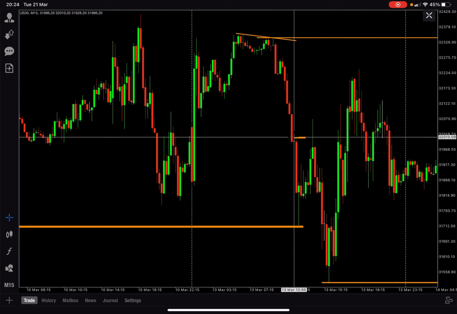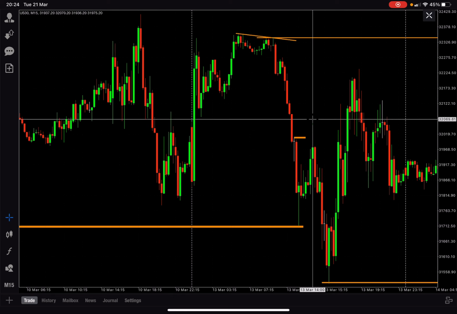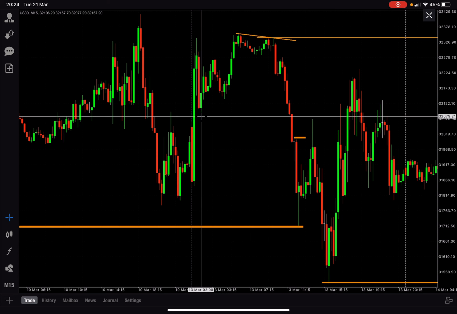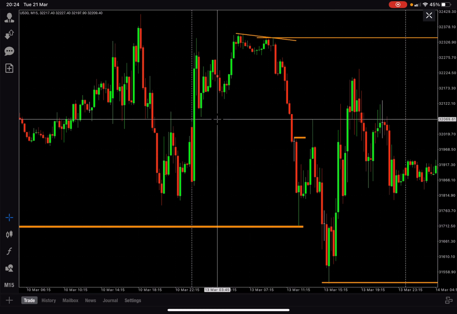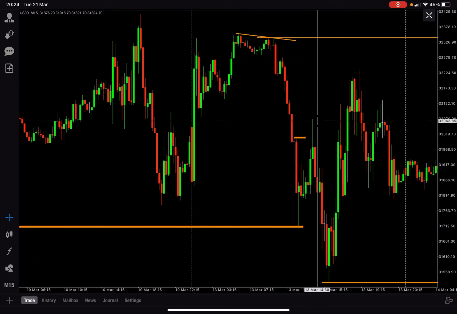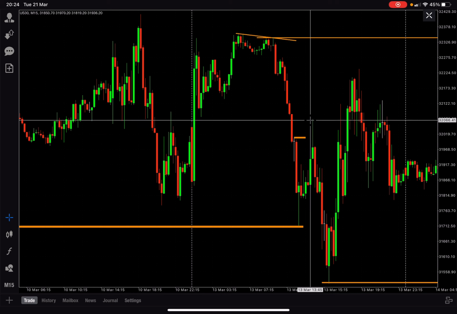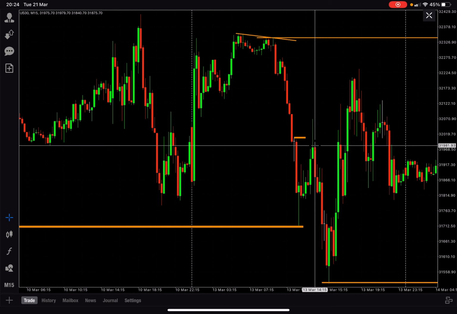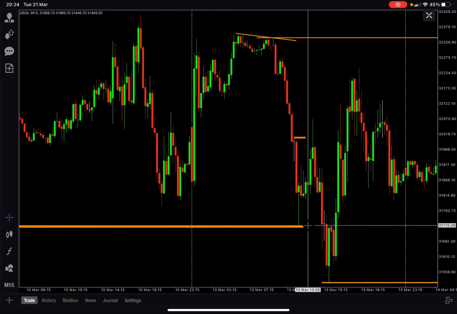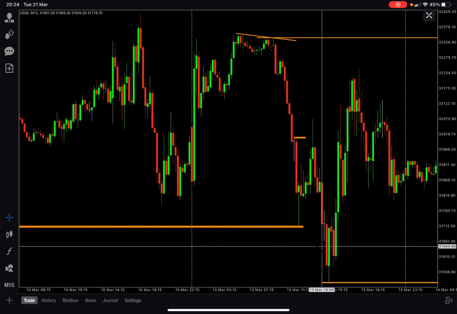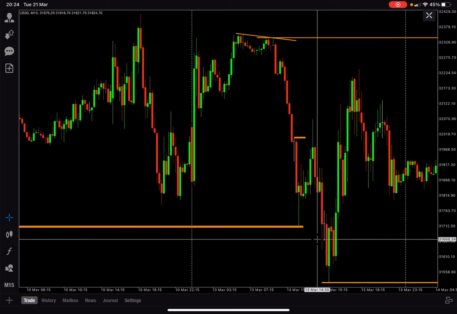Then there you go, price comes up, takes that, and then starts rejecting. We don't come up to that previous low, so it's just under support and resistance level, and that would be your entry as price starts rejecting. Your stop loss goes at the highest point and you enter as price starts going down, and you target this liquidity here. Price goes down, takes that liquidity, and then you're done.